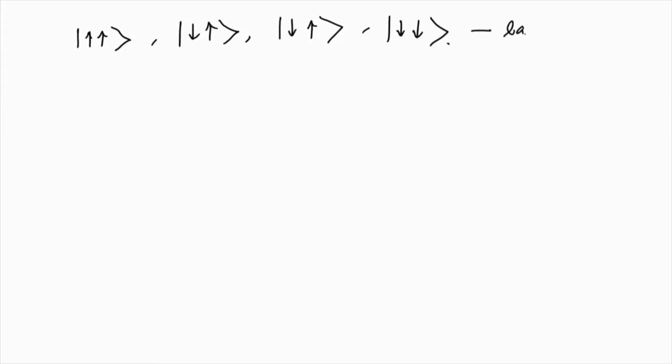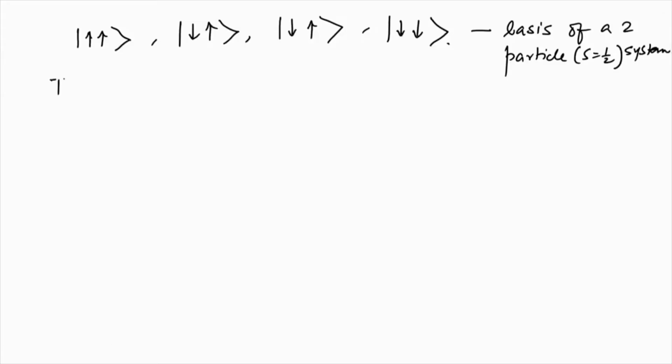These states are up up, up down, down up, and down down. And so, this forms the basis of the problem of a 2 particle, spin half system.